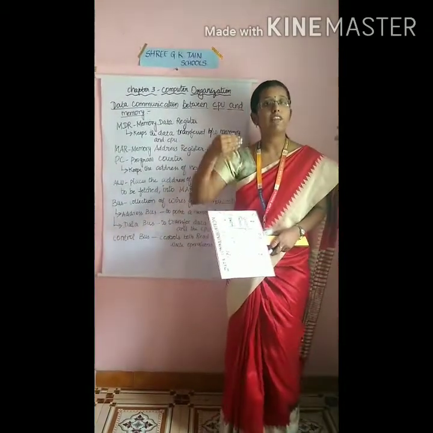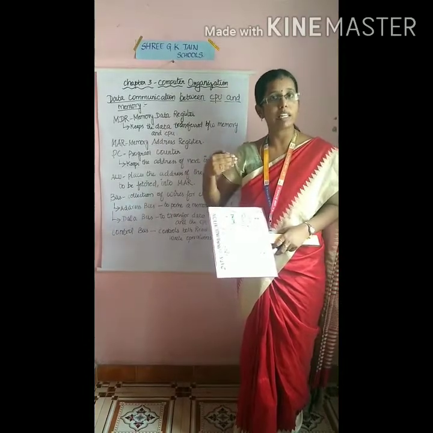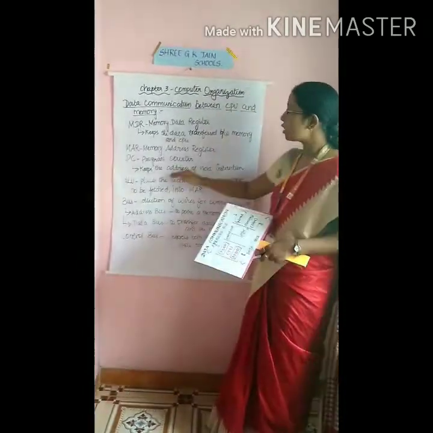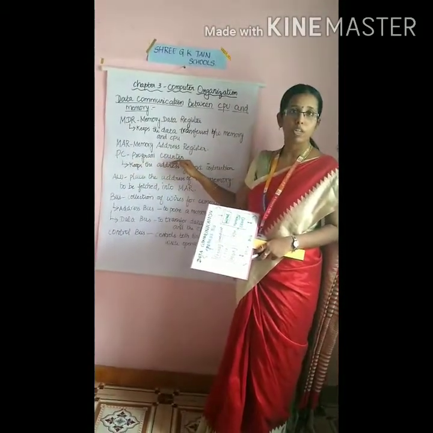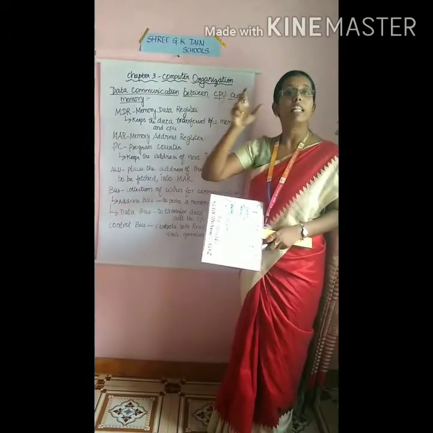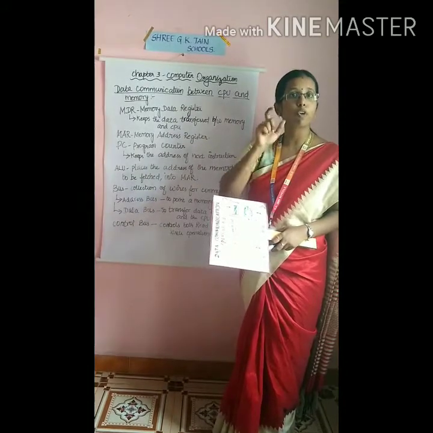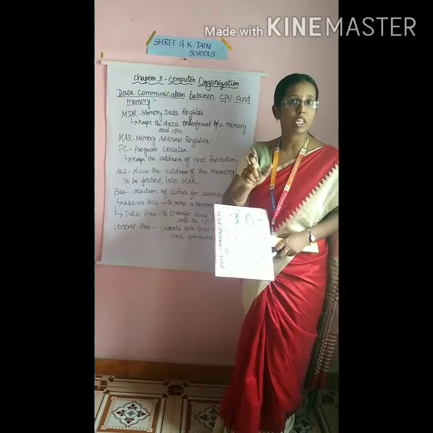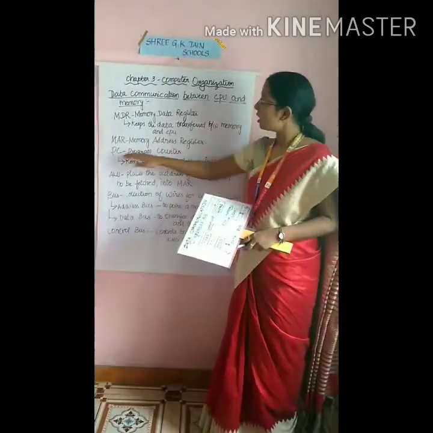For example, if the next instruction to be executed in the microprocessor is addition, that instruction's address will be tracked by the program counter. Students, note down very carefully: it will not save the instruction, it will save the address of that instruction.